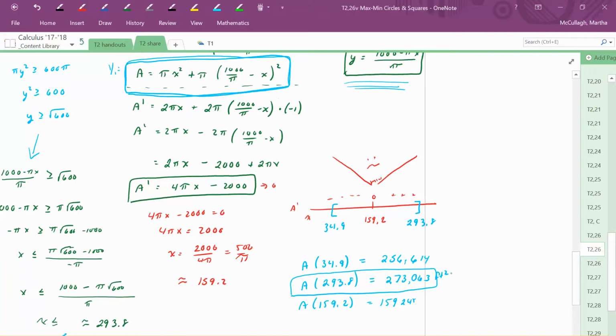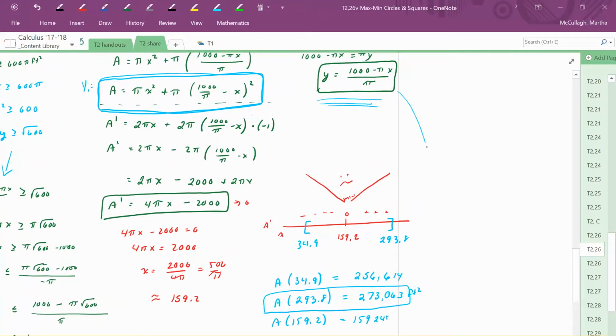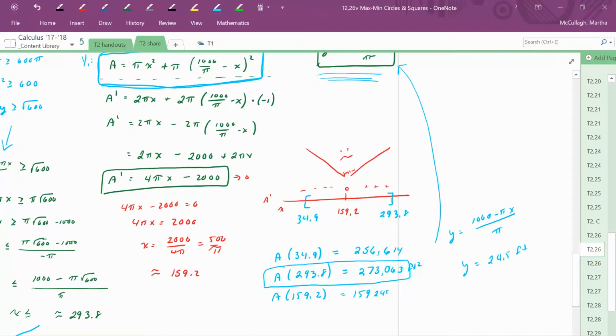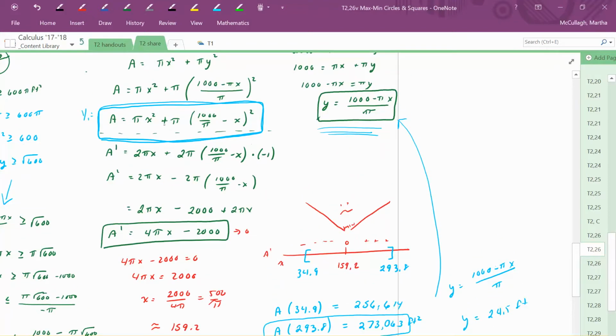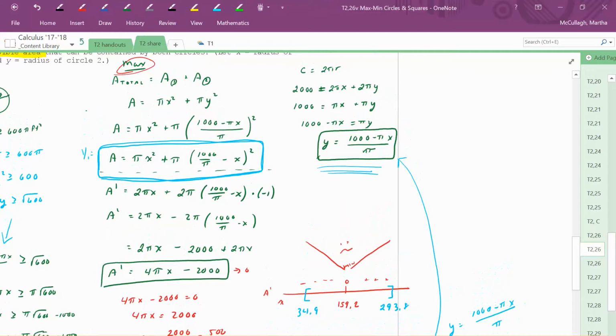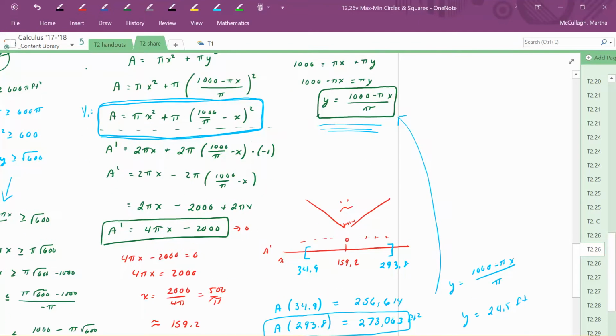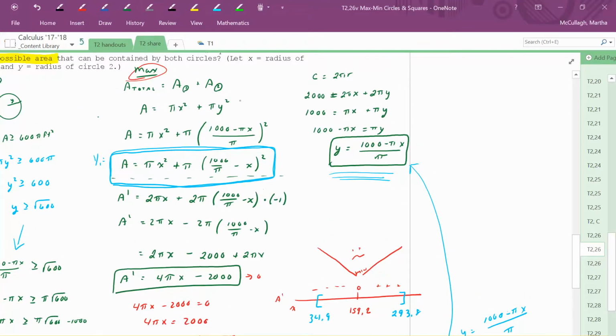When x is 293.8, and our y value, I'll have to put it in here, our y value equals (1,000 minus pi x) over pi, y is equal to 24.5 feet. So I can either use this equation that's all in terms of x, or I could have found my y value when x is 34.9, my y value when x is 293.8, and then use the simpler equation.